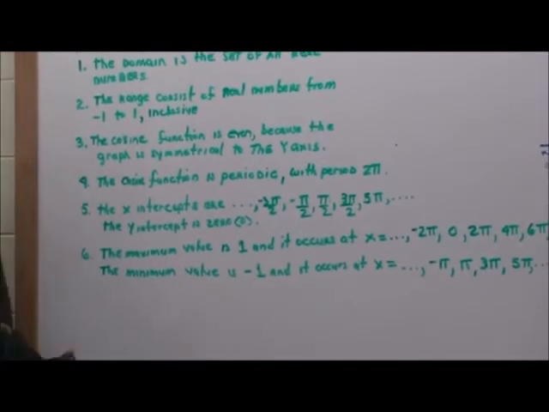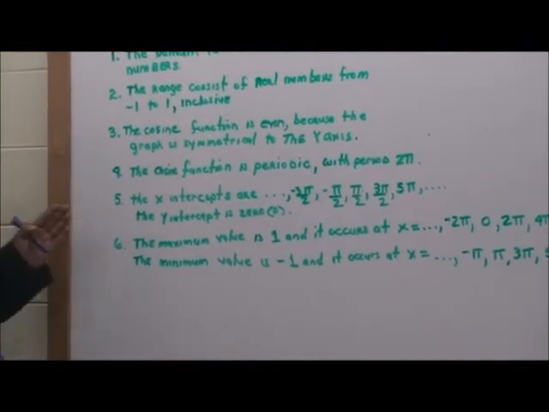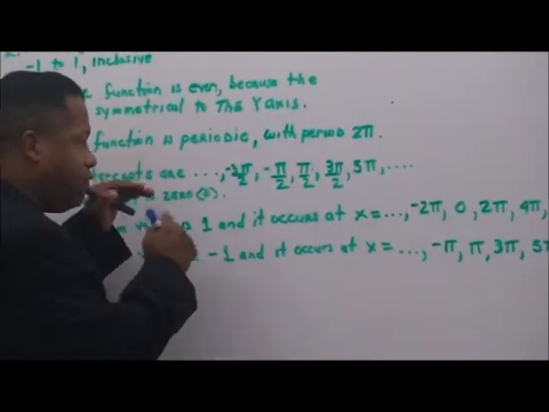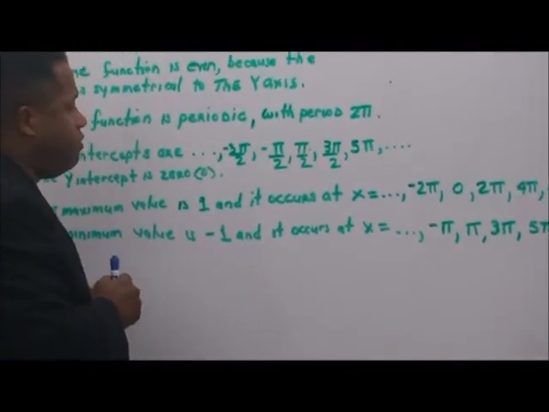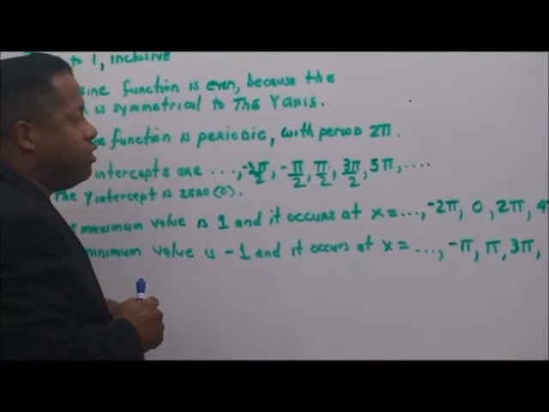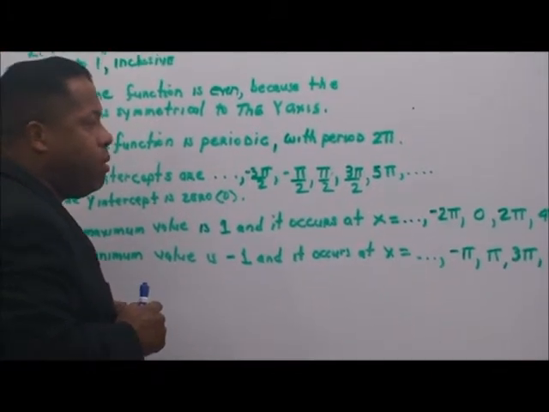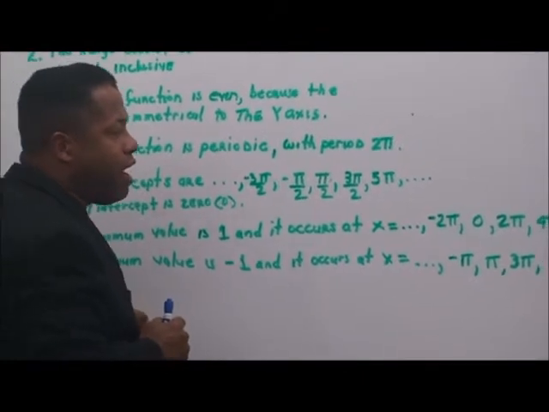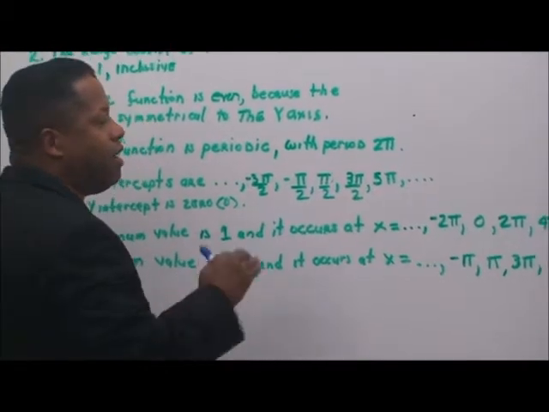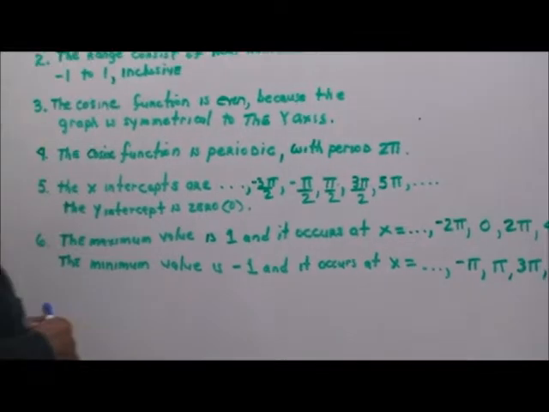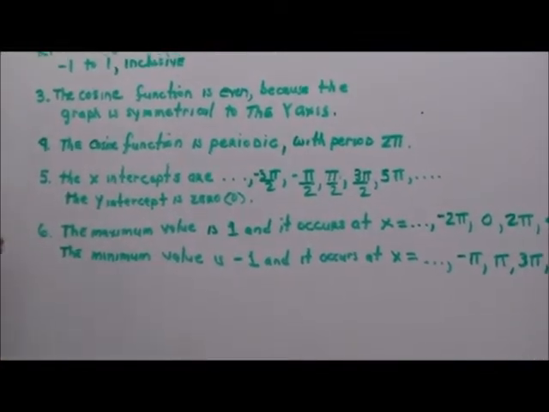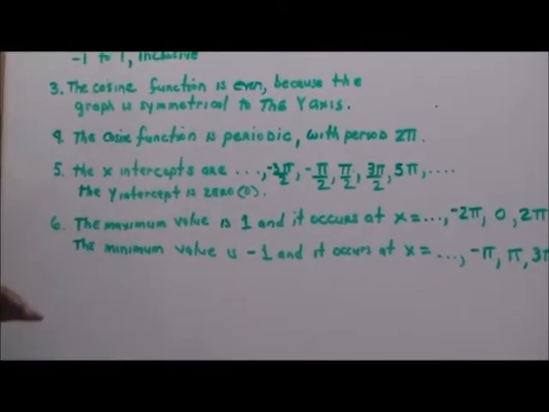Now, the cosine function is also periodic with period 2 pi, and the x-intercepts are at negative 3 pi over 2, negative pi over 2, pi over 2, 3 pi over 2, 5 pi over 2, and so on. And the y-intercept is 1.